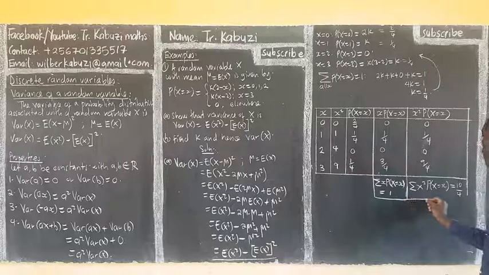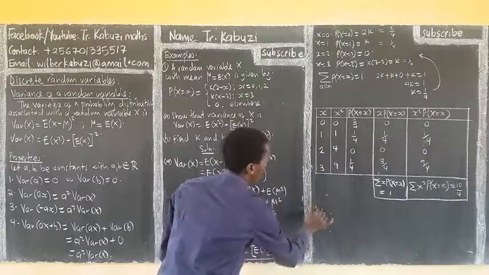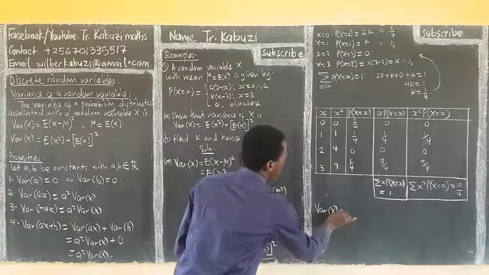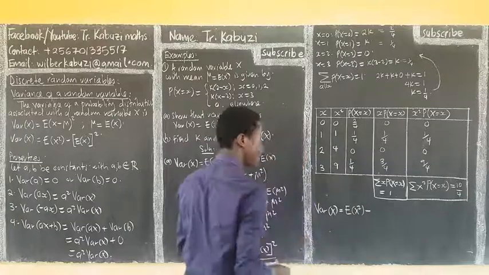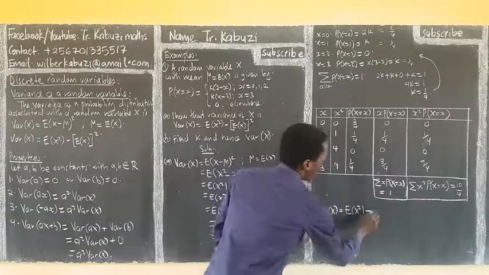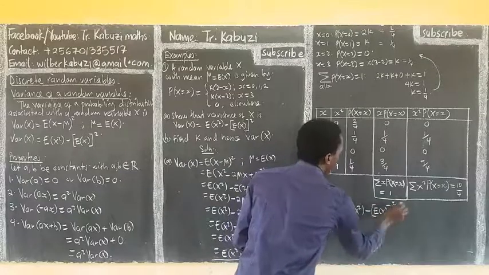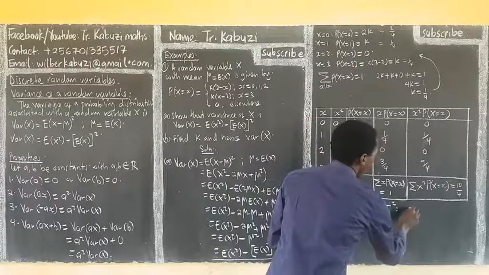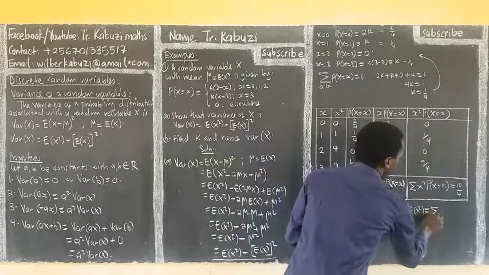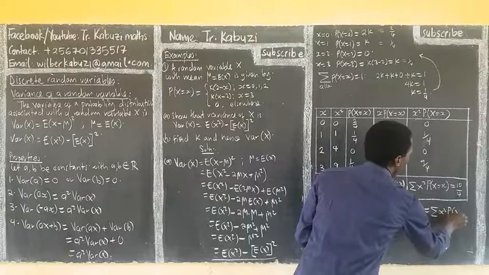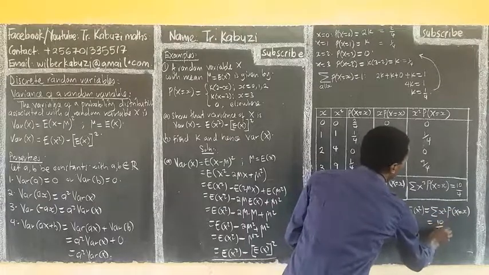Then we substitute into our formula. The variance of x is the same as E of x squared minus the expectation, the whole squared. Our E of x squared is the sum of x squared times the probabilities, which we got as 10 over 4.